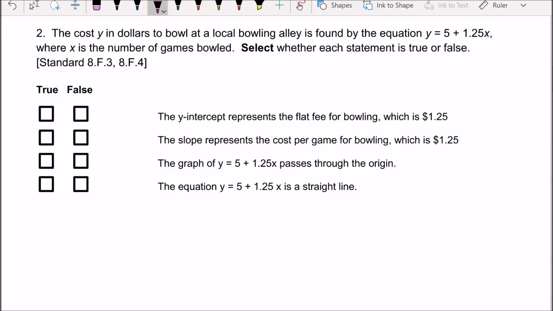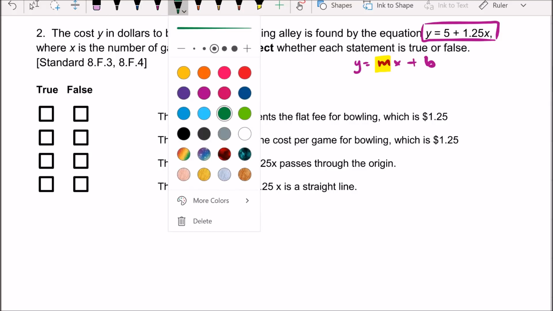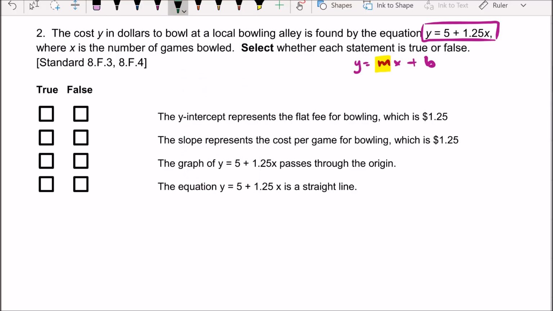So first of all, they give you y equal to 5 plus 1.25x. If you pay attention closely, the slope-intercept form is y equal to mx plus b. We know that slope is always in front of x, so in this case they wrote it backward. You may want to rewrite it before you do anything after that.